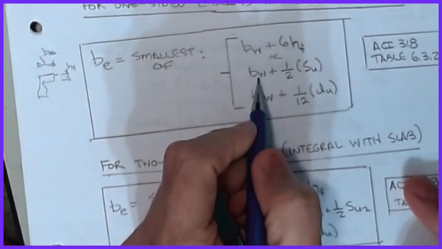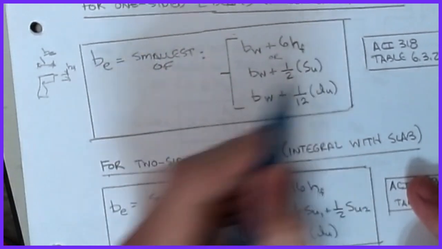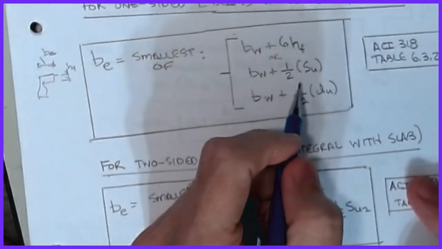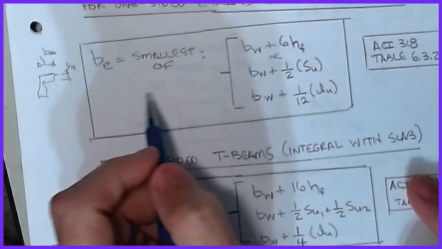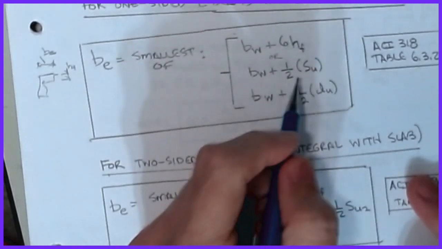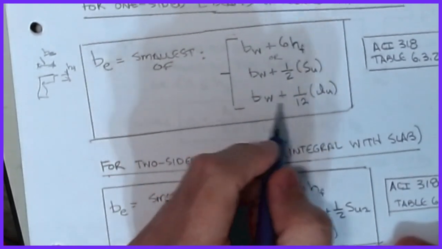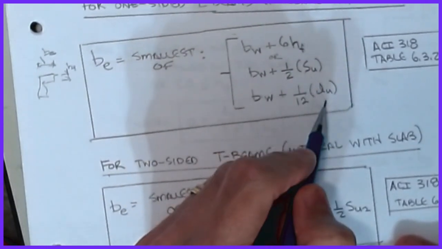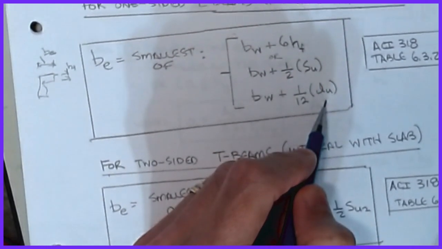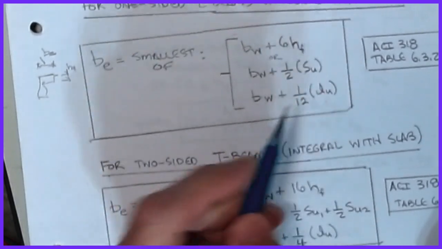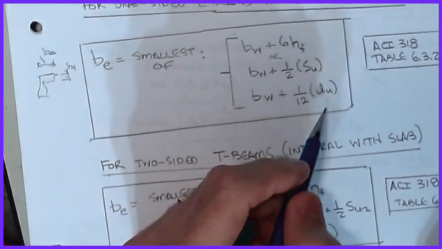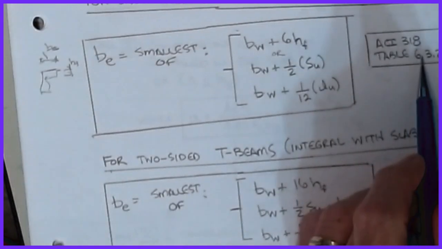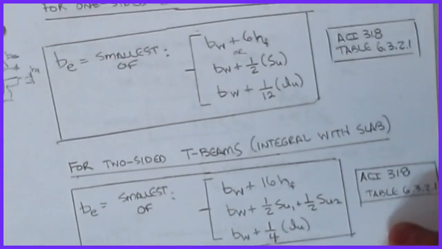Okay, it's BW plus 1/2 of SU, and you check this for the one-sided case, so you check it for the side that involves the SU, and then also BW plus 1/12 of LU. So I've got a transverse span and I've got the longitudinal span of this. So you have to keep track of our S's and our L's on this. Again, these are all coming out of that table that I showed you at 6.3.2.1.